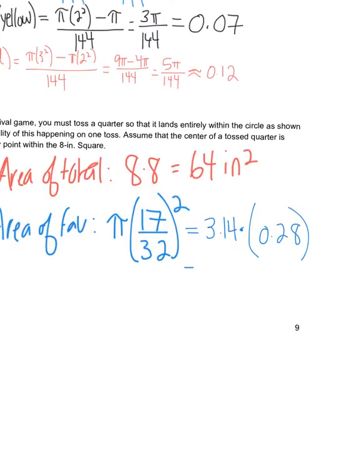Then if I multiply that 0.28 by 3.14, I get 0.8792.